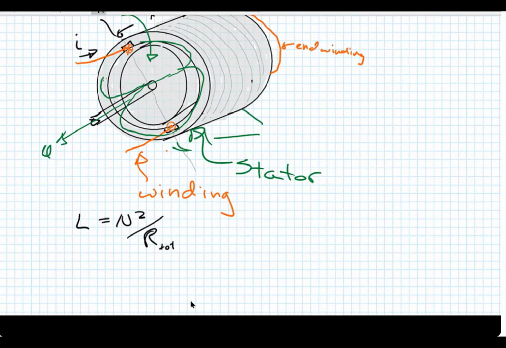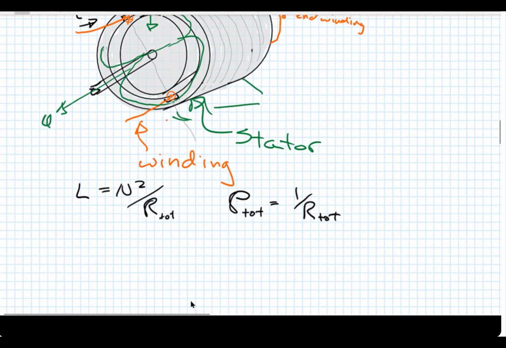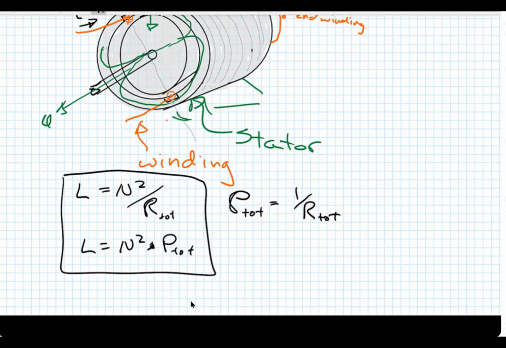I'm going to introduce a new term which I call permeance. Permeance is the inverse of the reluctance. So I can have an inductance that is N squared times the permeance. These are equivalent expressions.